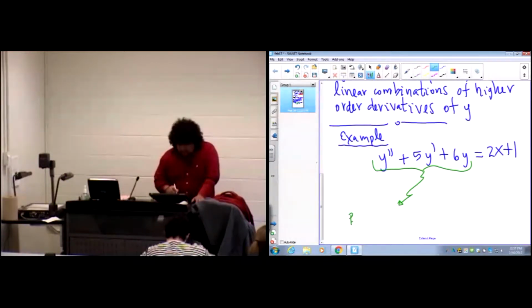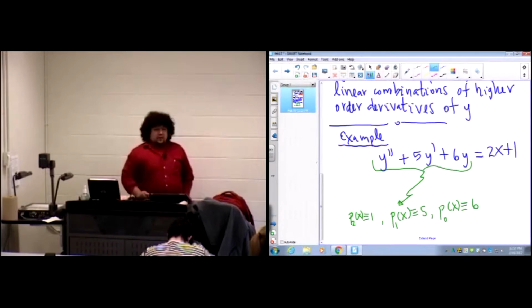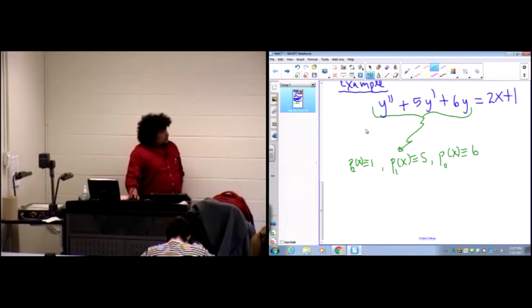So in the notation of this linear combination, the coefficients are 1, 5, and 6. These coefficients do not depend on x. They are constant. This is one of those cases of constant coefficients for a second order linear differential equation.